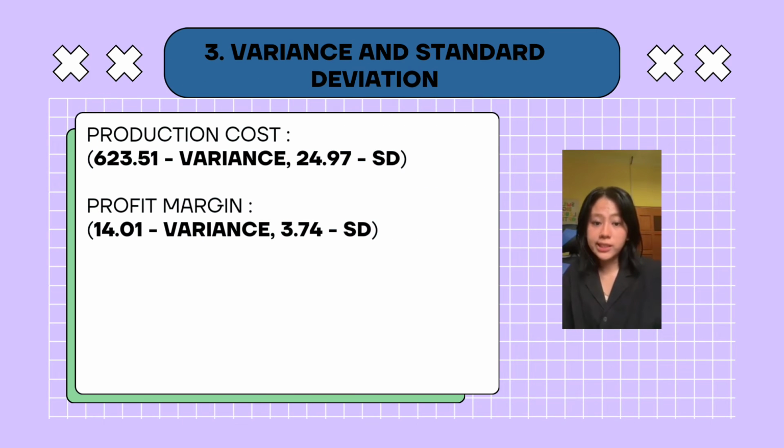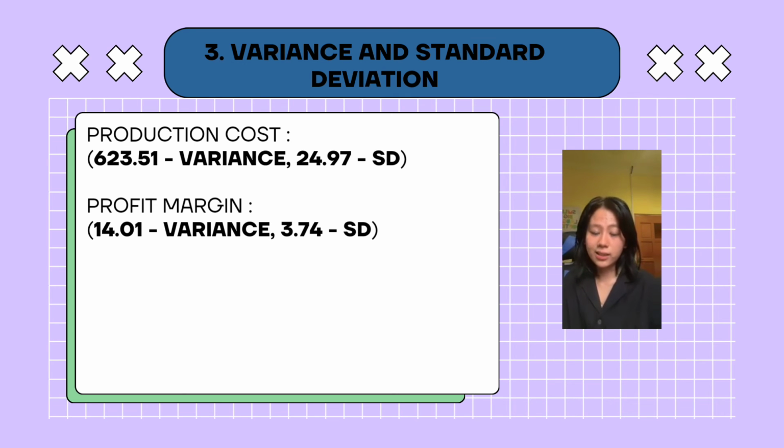Number 3 is variance and standard deviation. For this calculation, we use the sample formula. For the variance, we need to square all the deviations, and then when we get the answer, we sum all of the values and divide by the number of data.